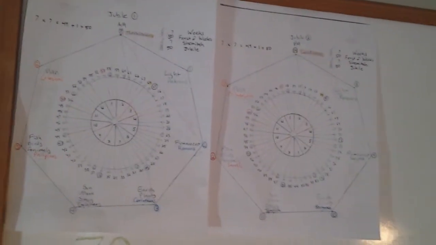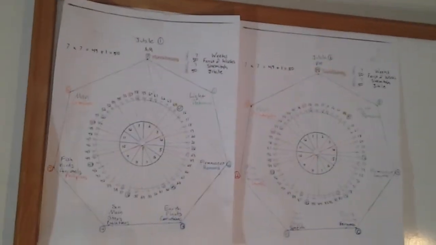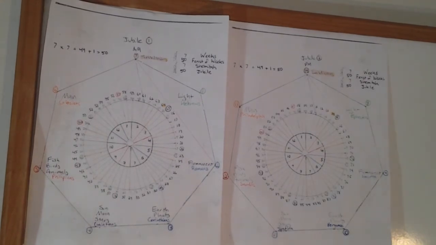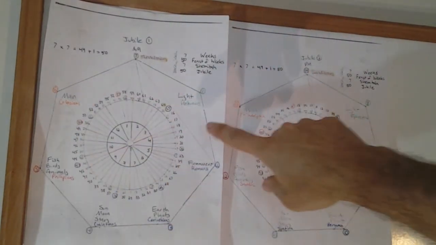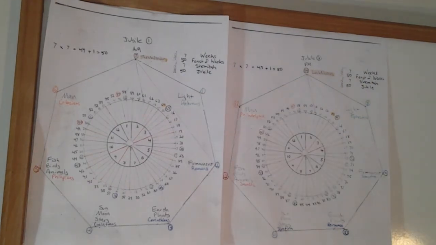And that is, this one measures the Jubilee years and the Jubilee cycle. Okay, good. And what we've done here is you have the same pattern before between 1 and 50, and now we're applying the years. So this would work in patterns of 50.